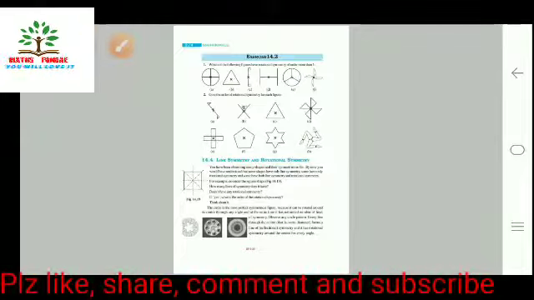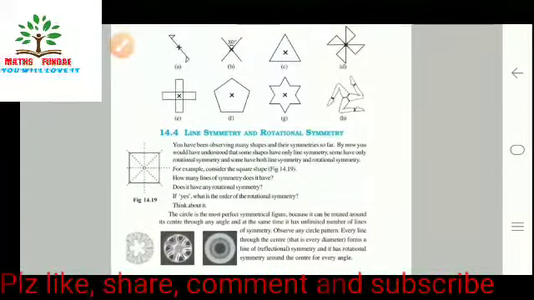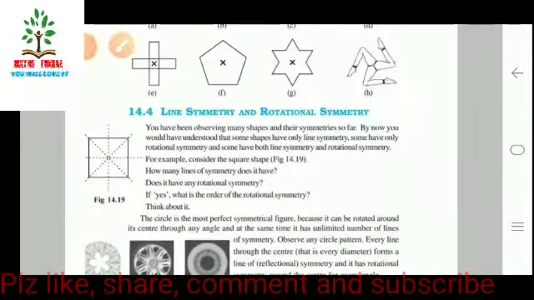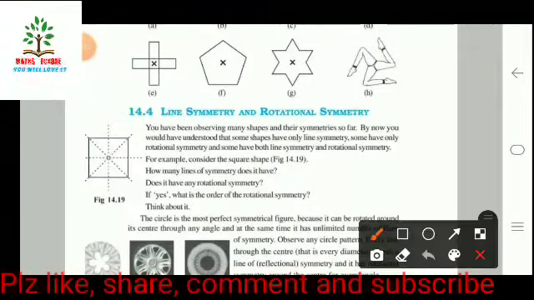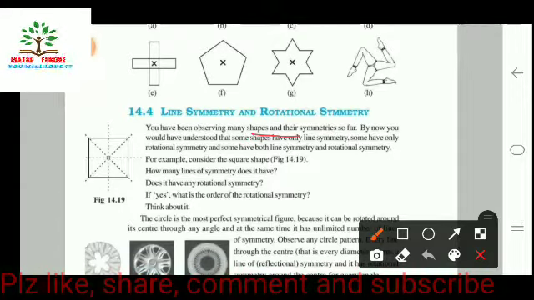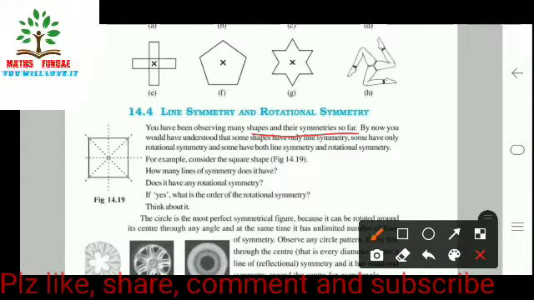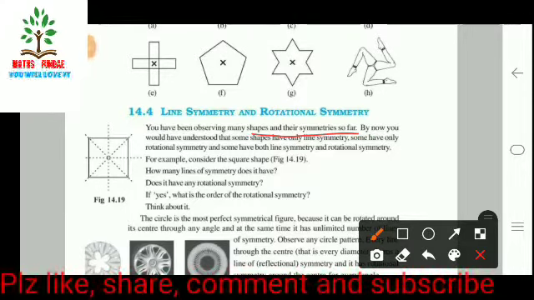Now let us see exercise 14.2, so this we will do afterwards. Now line symmetry and rotation symmetry. You have observed many shapes and their symmetry so far, but now you have to understand that some shapes have only line symmetry, some have only rotation symmetry and some have both.